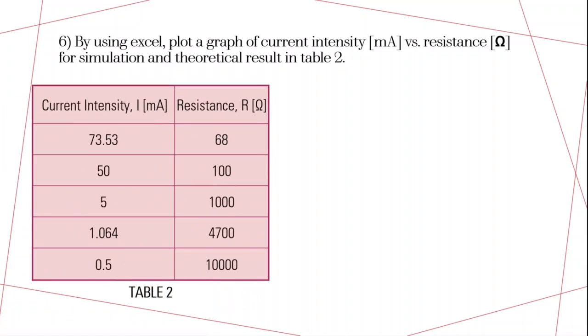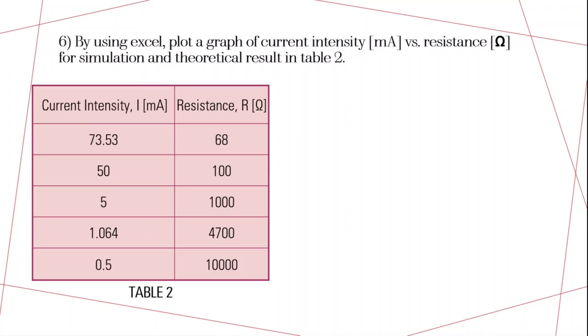From table 2 that we calculated earlier, we take the columns of current intensity I and resistance R, where the current intensities are 73.53, 50, 5, 1.064 and 0.5, and the resistances are 68, 100, 1000, 4700 and 10,000.